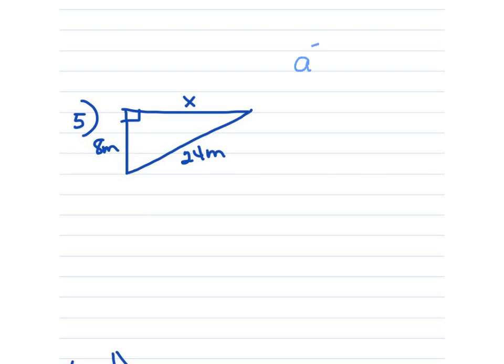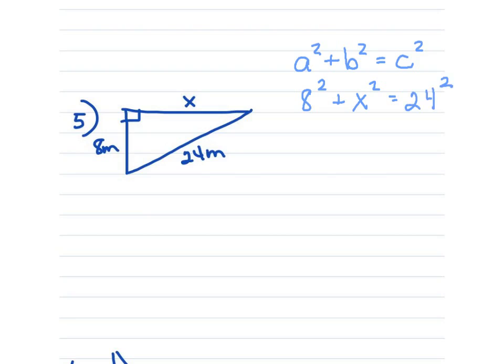A squared plus B squared equals C squared. I'll let A be 8. 8 squared plus our unknown is x. X squared is equal to the hypotenuse, which is 24 squared.